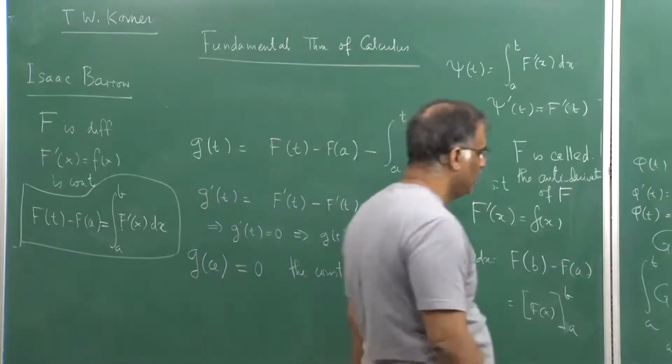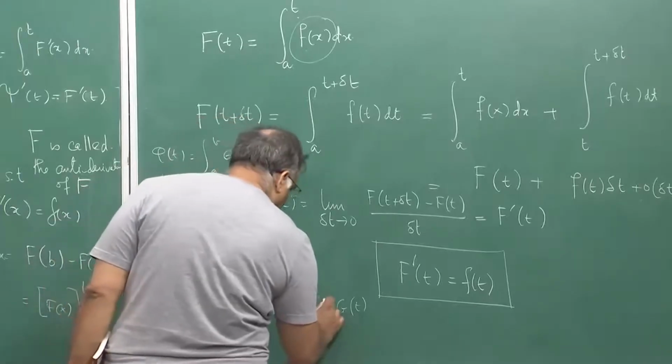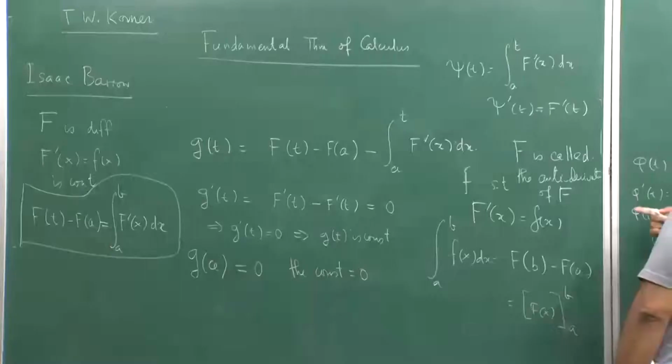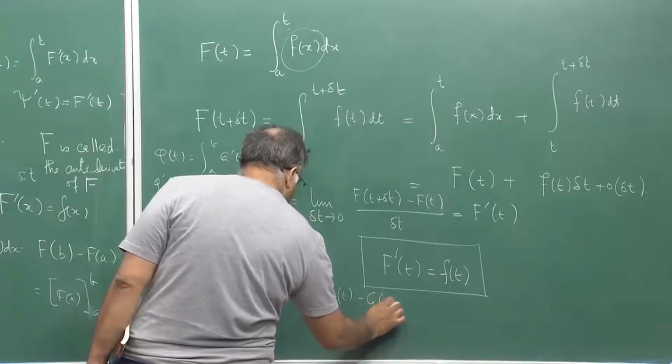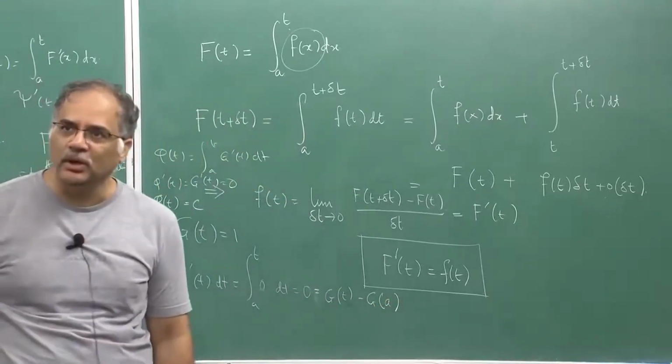Exactly. So 0 is actually gt minus ga. So if you now go back and write that result, the fundamental theorem, because now gt is 1 and ga is 1.